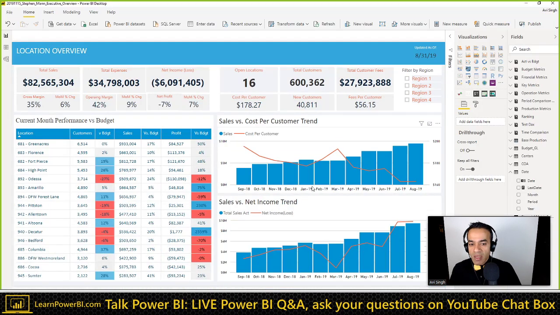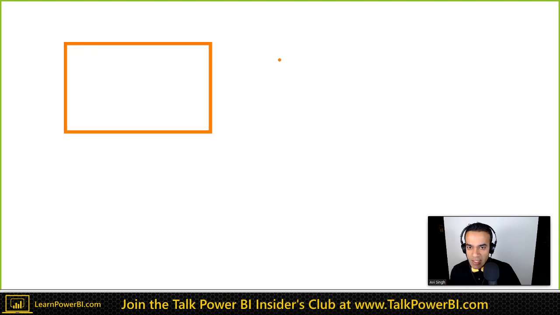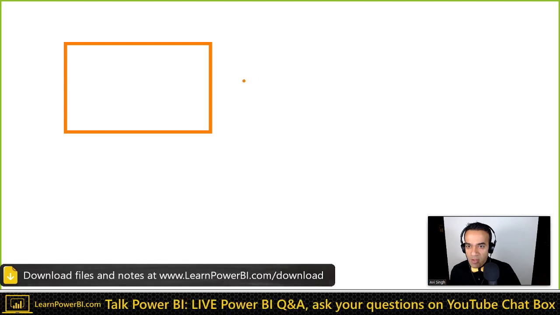Stephen Few has this concept, and again, we got to understand how the human brain works. What he talks about is that you can draw a box like this, or you can draw two lines like this. Let me see if I can manage to draw straight lines.